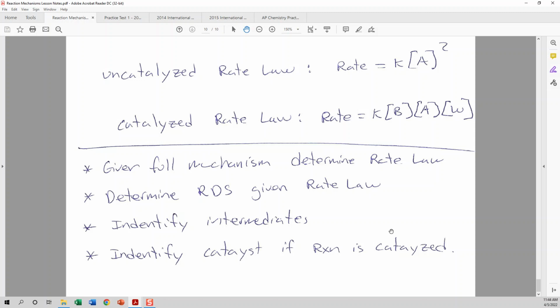If it's a catalyzed reaction, you'll have a catalyst, and the catalyst will show up in the mechanism. But if it's not a catalyzed reaction, it's just a normal reaction, then you won't have a catalyst. And if you have multiple steps, you'll have some intermediates maybe, but no catalyst. And if you do have a catalyst, it is included in the rate equation.